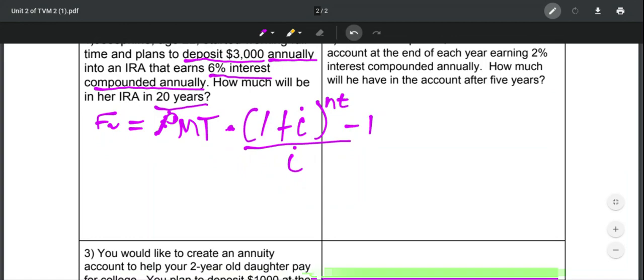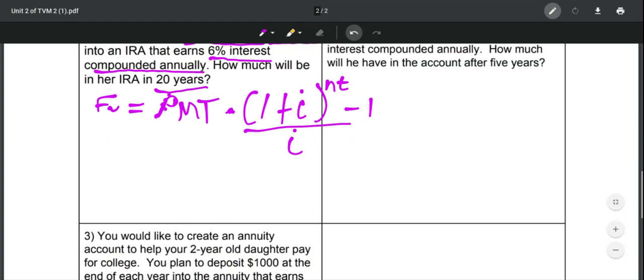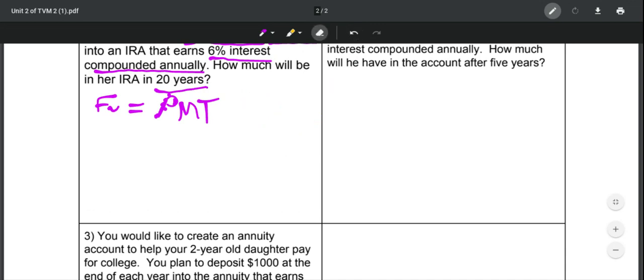Okay, so now we're just going to identify everything. Pause the video and write that down. So let's actually look at identifying these things. We said we needed the PMT, which is just the annuity payment.